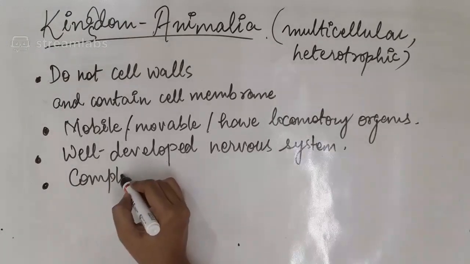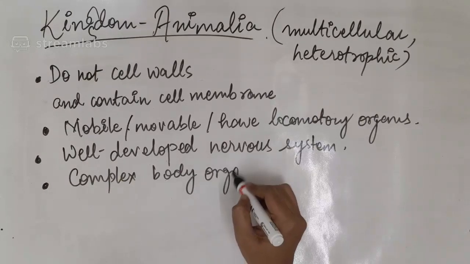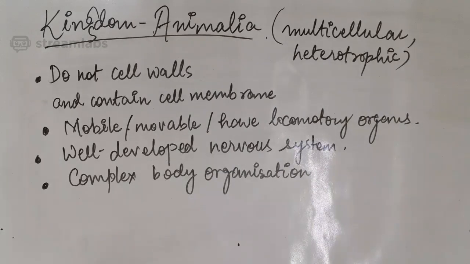Complex body organization means they are having different types of organ systems, or you can say organs, and organs are made up of tissues. And about this, the kingdom Animalia, we will be discussing in detail in the next chapter, that is the classification of animals.